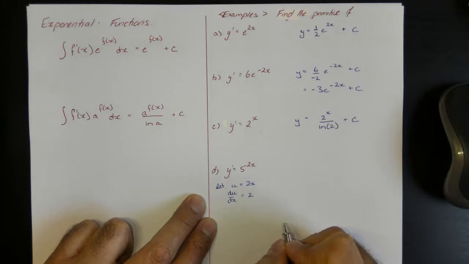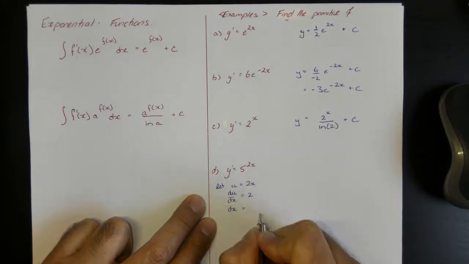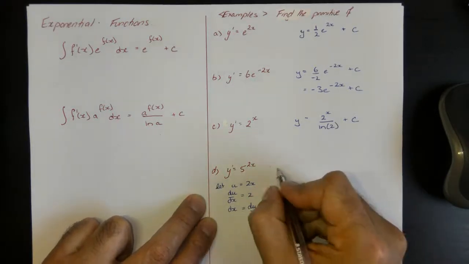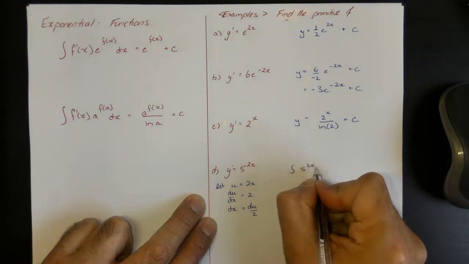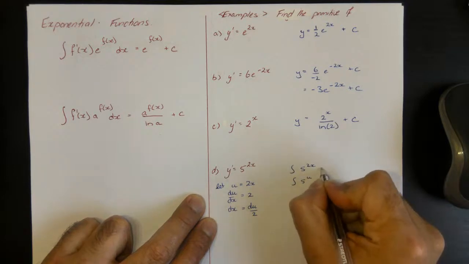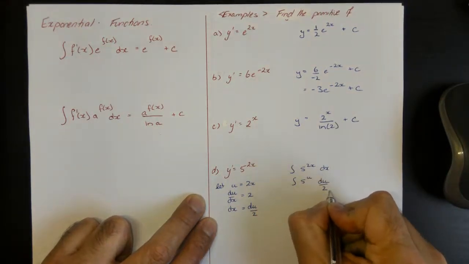And then obviously dx would be du on 2. So this can be written as 5 to the power of 2x, but if I'm using the substitution, it'll be 5 to the power of u, dx, which is du over 2.